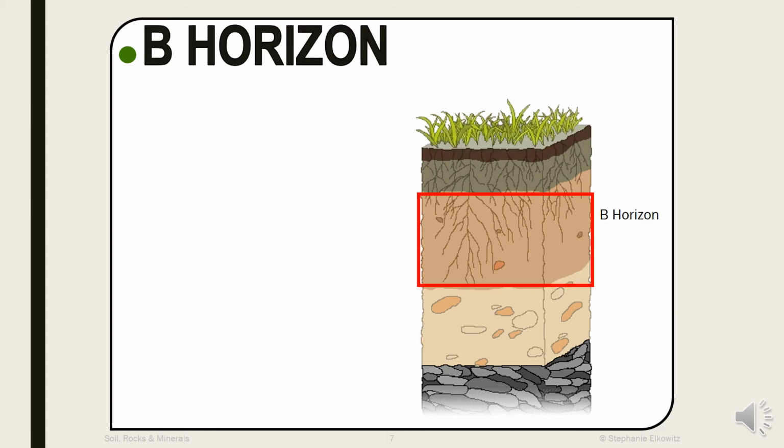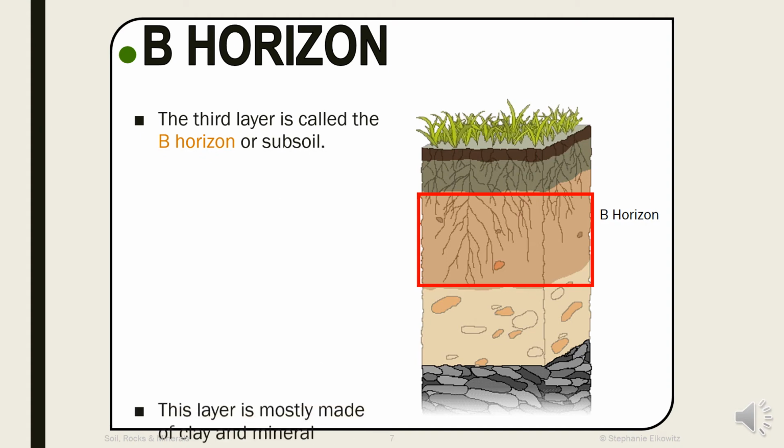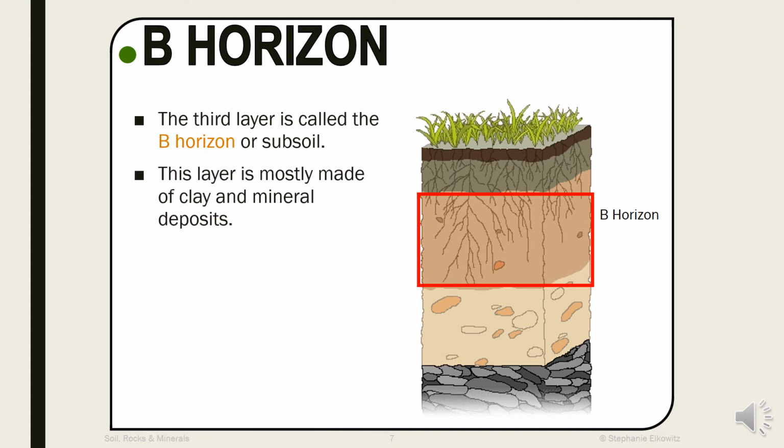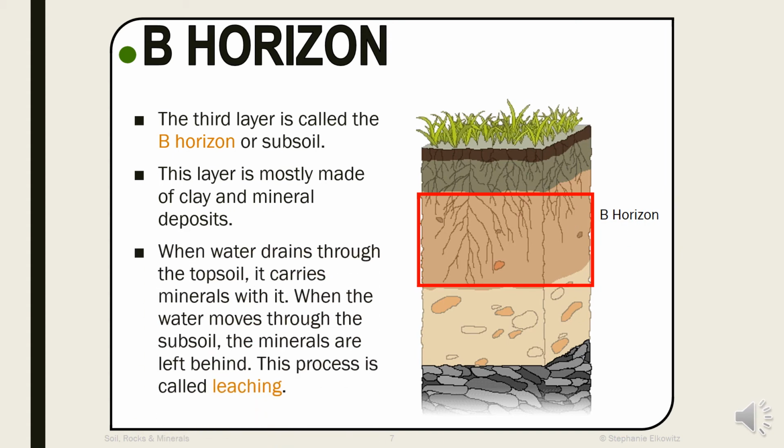The third one is the B horizon or B layer, which is also called the subsoil because it is present below the topsoil. In this layer along with the minerals, clay deposits are also present, and when water runs over the surface of the topsoil, the minerals drain into this layer.